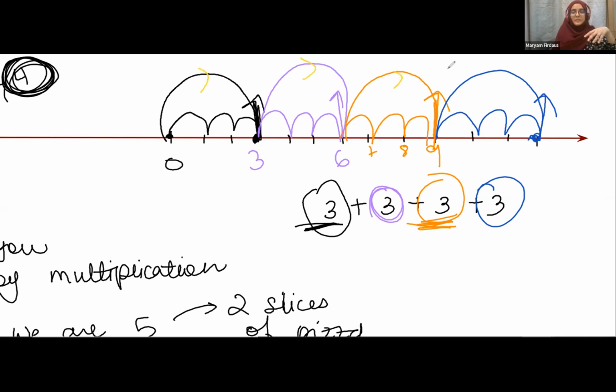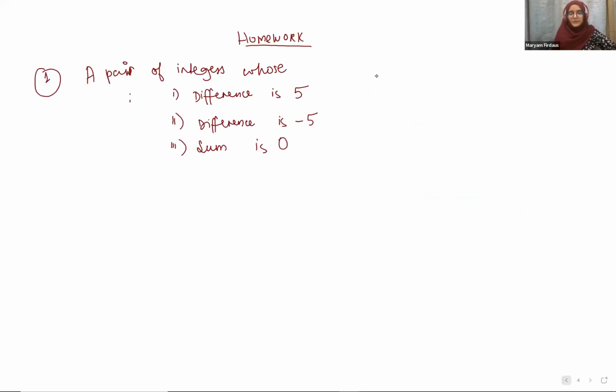How can we represent multiplication on the number line? Yeah, I understand. So I want you to quickly, or just take this as homework. Let me write this over here. So your second homework is show -3 multiplied by 4 on number line.